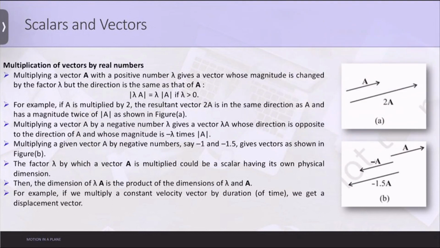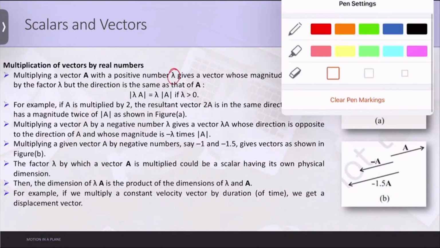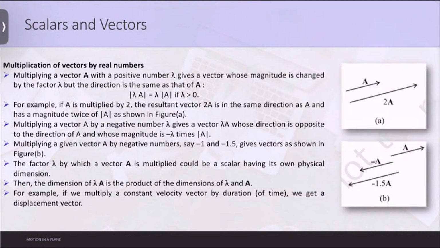Here you can understand lambda as a positive number. Any number is being explained by using lambda. Multiplying a vector A with a positive number lambda gives a vector whose magnitude is changed by the factor lambda, but the direction is the same as that of A. Very important line.